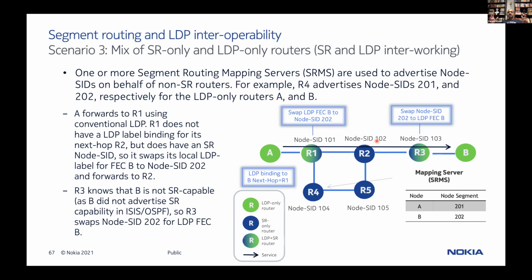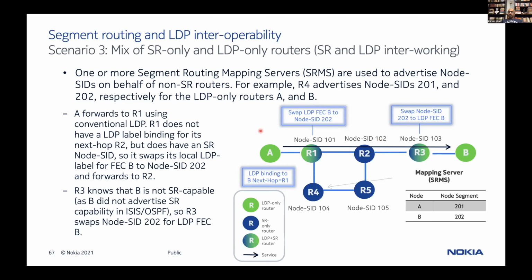And the way we do it is within the segment routing network, we advertise node SIDs for the LDP nodes. And then at the edge between the SR and the LDP domain, we stitch between LDP and segment routing so that we are able to build this end-to-end connectivity between the LDP nodes through a segment routing only network.